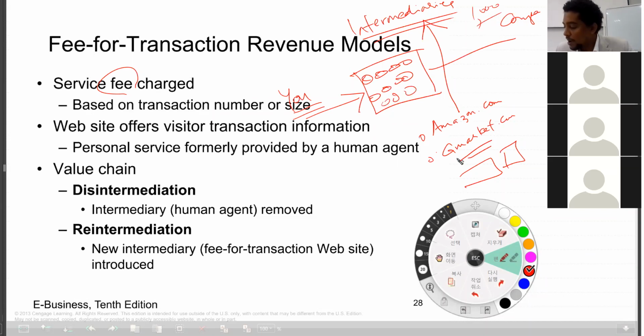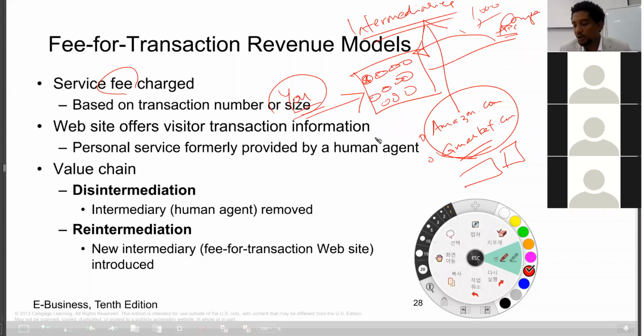Okay? So Amazon will get its money from these companies, right? And sometimes they also charge you. Okay, so they charge their customers, or these companies. For example, if a product called A from a company called ABC Trading is sold, then this ABC Trading has to pay money to Amazon or to Gmarket.